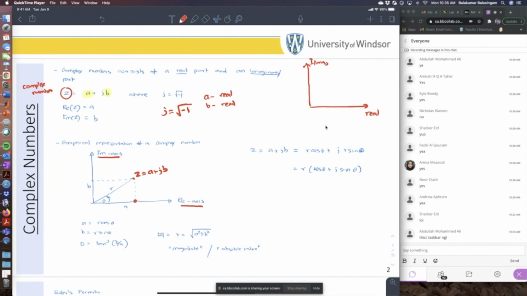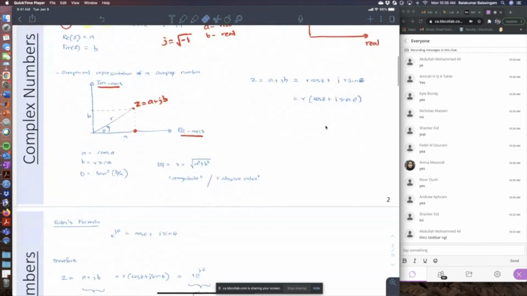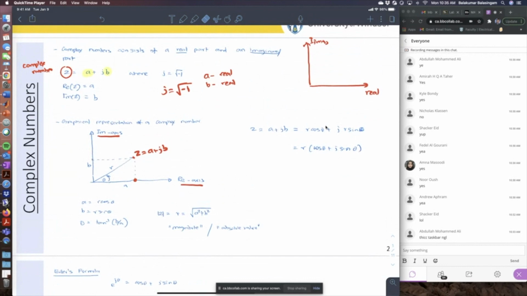Sometimes we can express this number in polar form. So in polar form, we can write s as r theta.